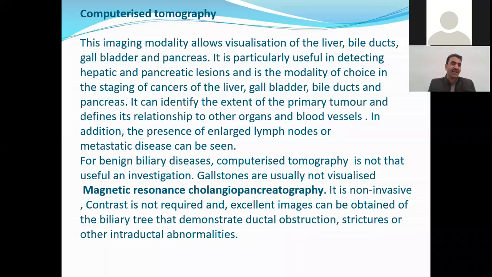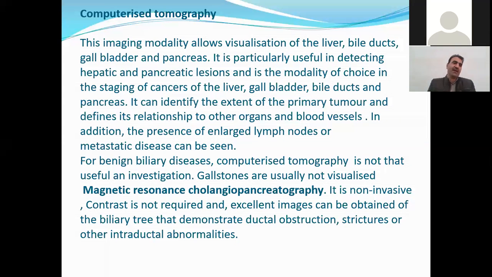So the CT scan is X-ray, but another form of X-ray. The CT scan has benefit in staging and diagnosing tumors of the biliary system. It can identify the extent of the primary tumor and define its relationship to other organs and the blood vessels.